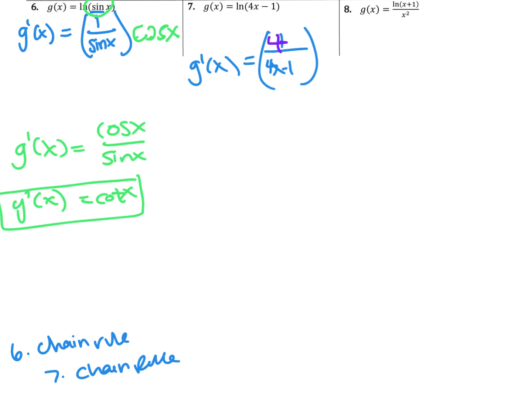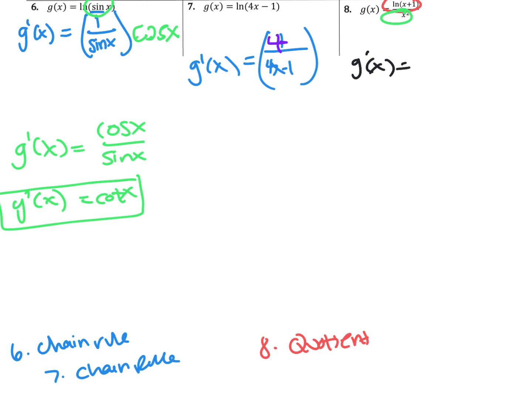Now for our last one here, number 8, this is going to involve using the quotient rule. So just like with the product rule, I'm going to treat natural log as my first function, I'm going to treat x squared as my second function, and I'm going to take the derivative using the quotient rule. So the derivative of natural log of x plus 1, that actually also is a chain rule situation.